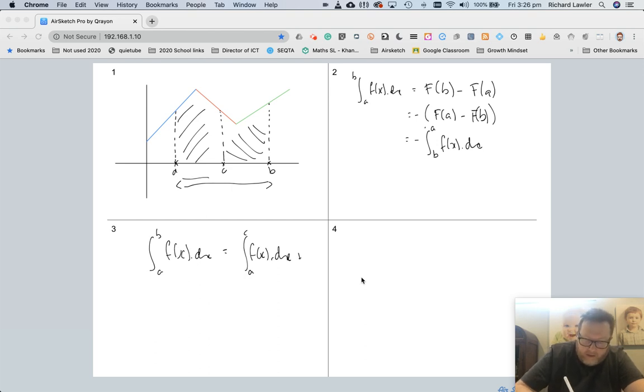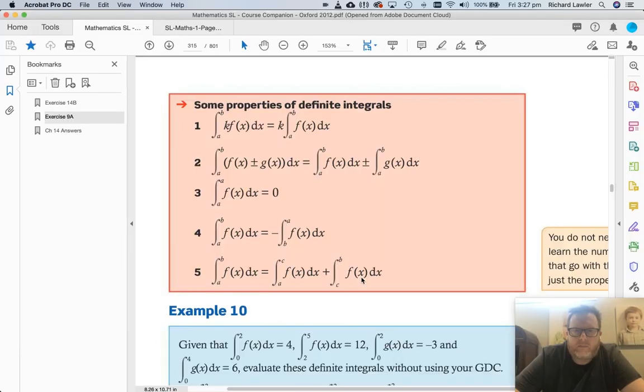So we've just done that bit, and then we'll just do this bit. So that would be from c to b of f of x dx. So all we've done is we've really just sliced our function into two, with c being some sort of arbitrary point in between a and b. So hopefully that explains some of these properties of definite integrals.